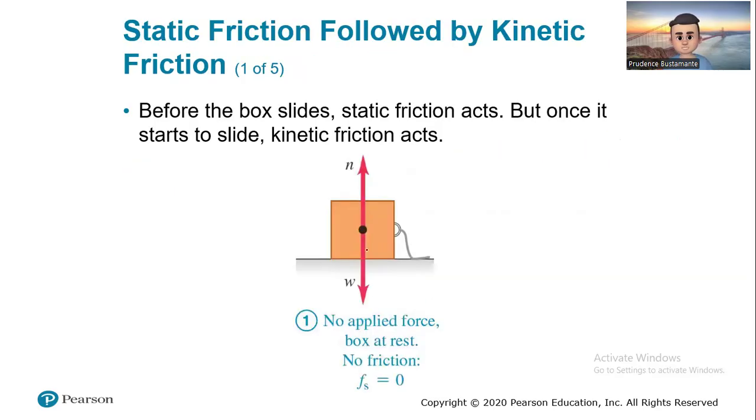So say for example you have a box. Before the box slides, the static friction acts. Okay, let's answer this one. We have here in figure one, the box is at rest because there is no applied force, so meaning there is no friction.